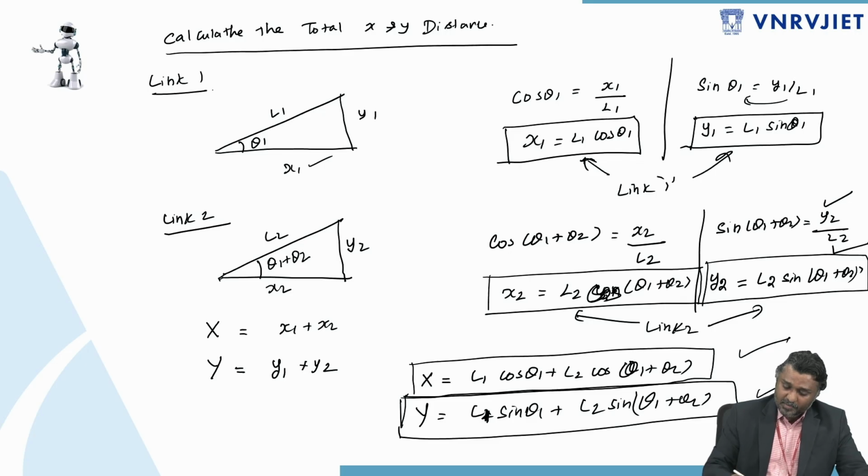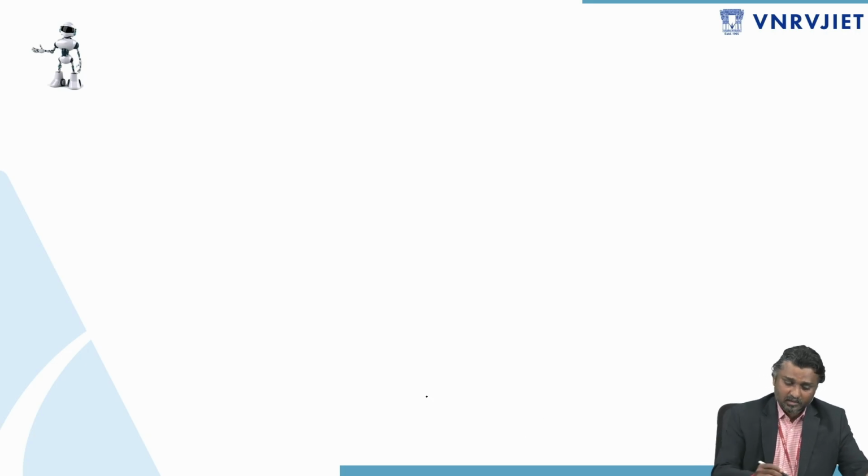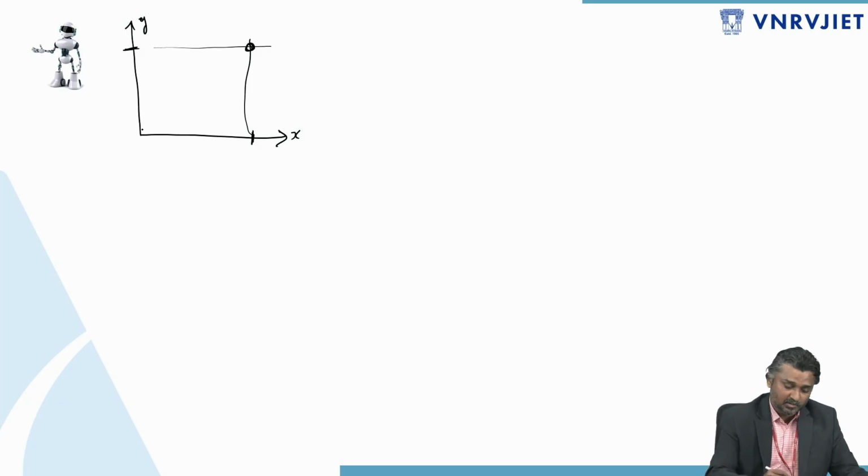Okay, so now I know the total x distance and y distance. This is my x axis and y axis. If you connect the lines, the meeting point is the end effector position. So this is my end effector position.